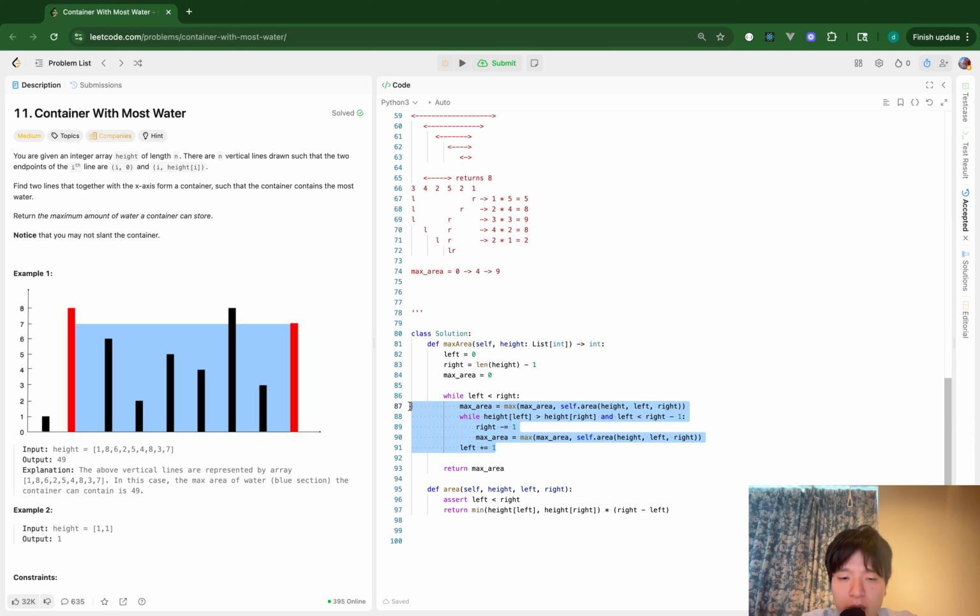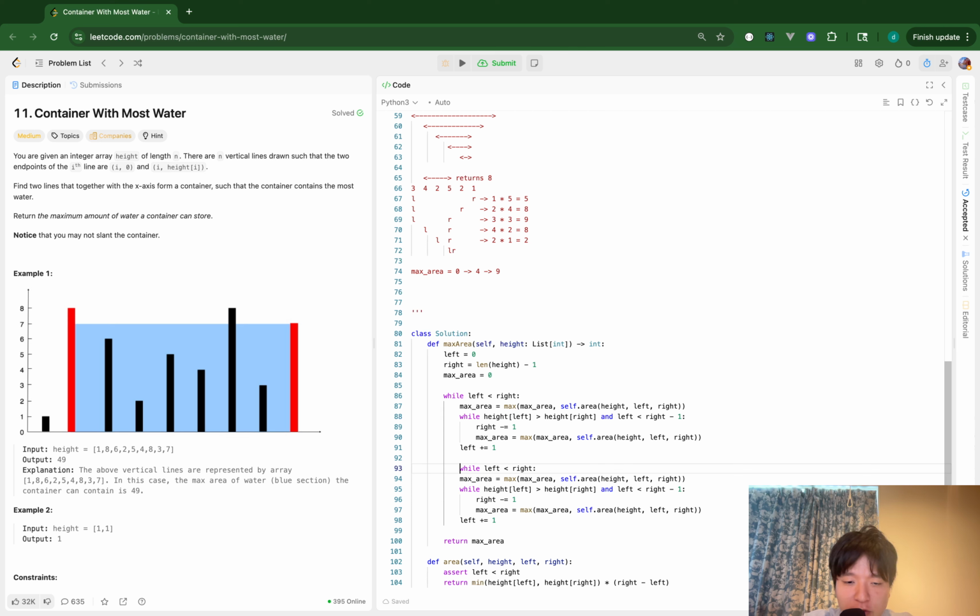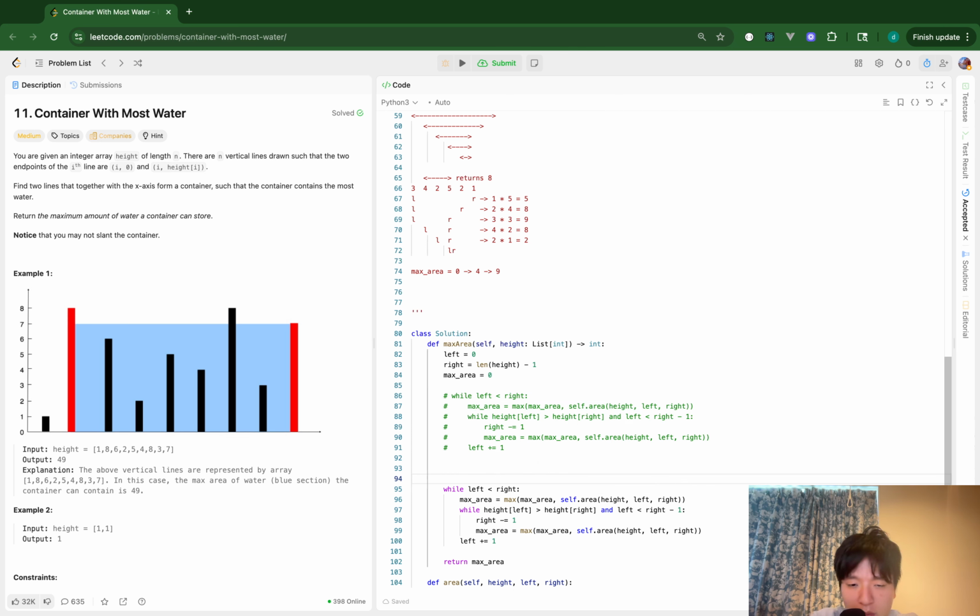Let me quickly update my code with a for loop. Maybe it can be more simple.